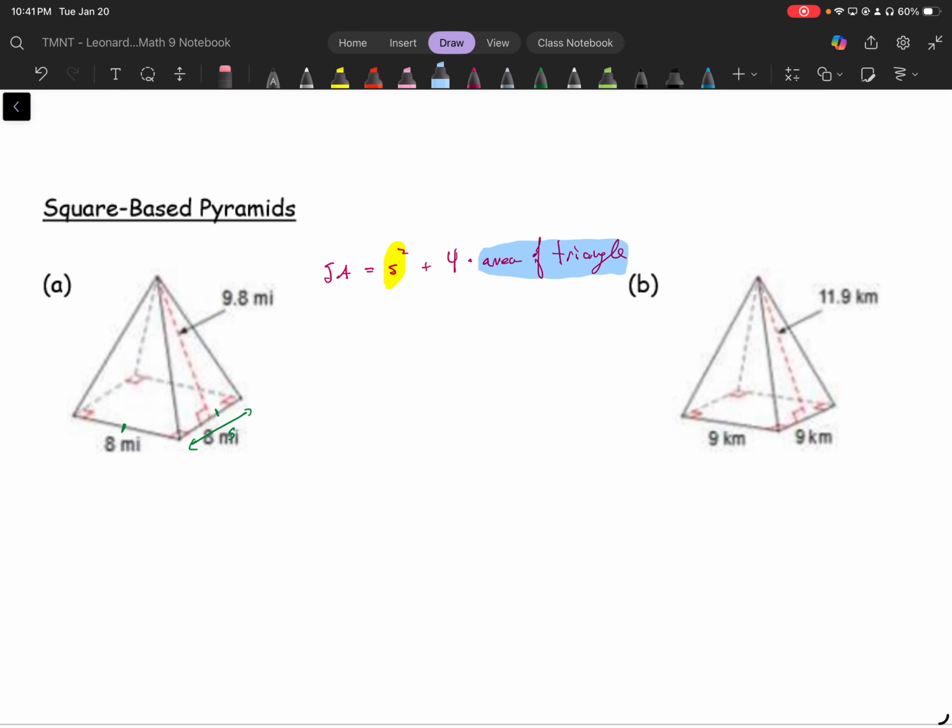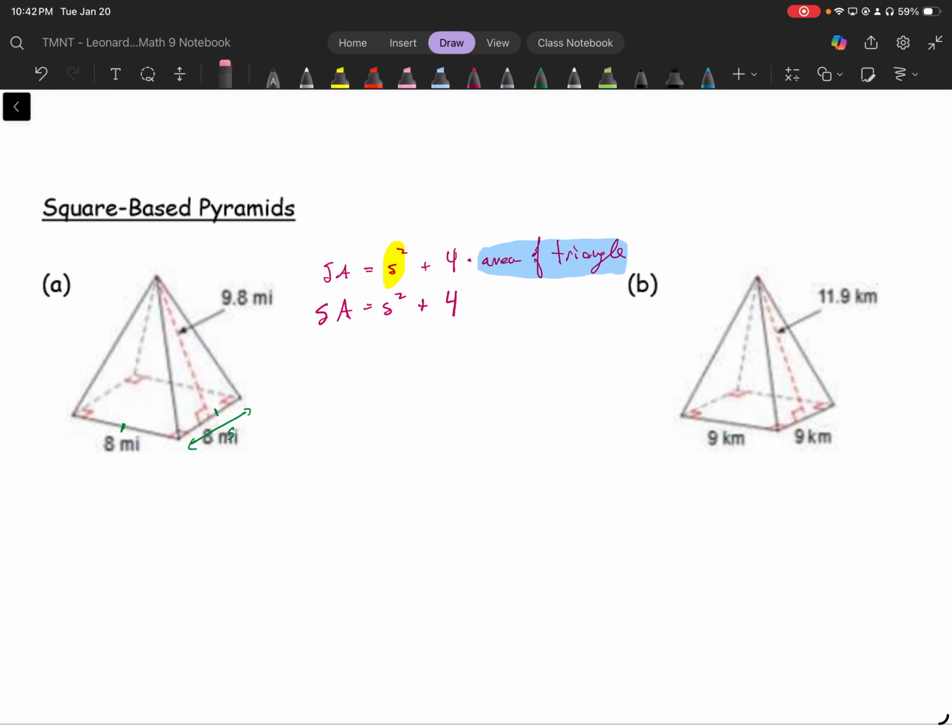So really all we're going to do to figure out the surface area is find the area of my base. And then I'm going to add to it the other sides. How many other sides do I have? Well, one side per side of the base. So I have 4 other sides leading up to the point of the pyramid, and I'm talking about this side. So there's one side, and there's 4 other sides that match this exactly.